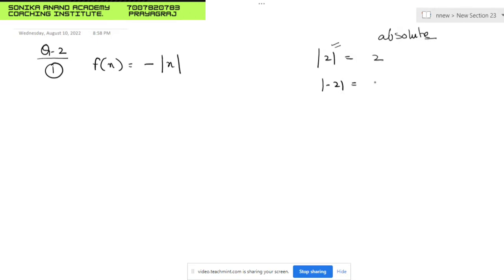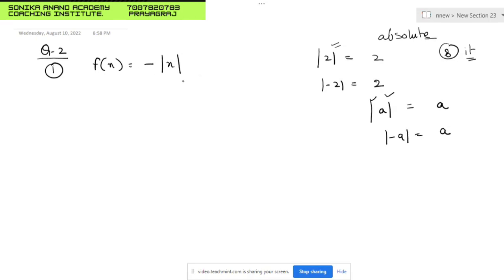If we have minus 2, then we again write 2. Because in the 8th class, it was told to each student in the CBSE board, any number written under these absolute lines always results in a positive number. Clear? Yes, ma'am.